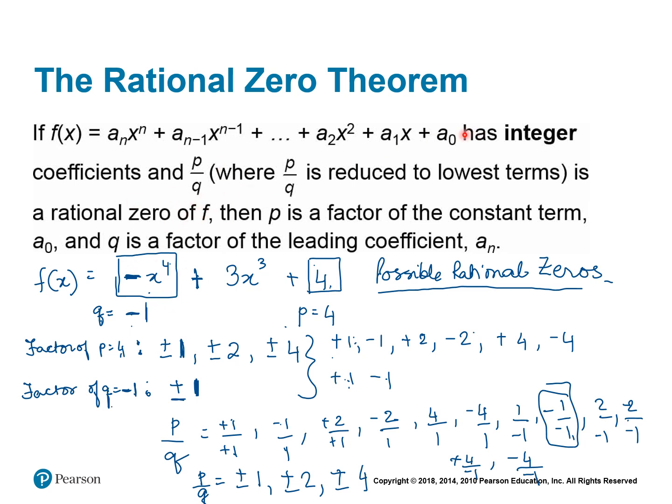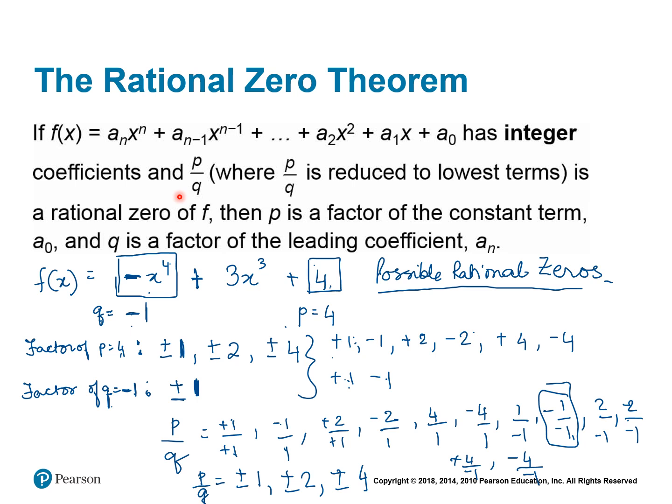We will look at the last coefficient of an ordered polynomial and the first coefficient of an ordered polynomial, and then we will create some ratios using those two coefficients, and we will come up with a shortlist of possible zeros. Not all of them will be zeros.